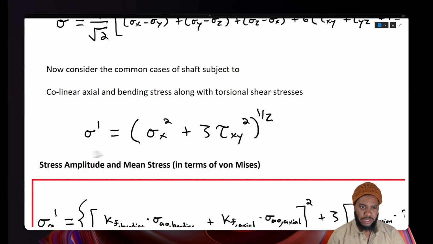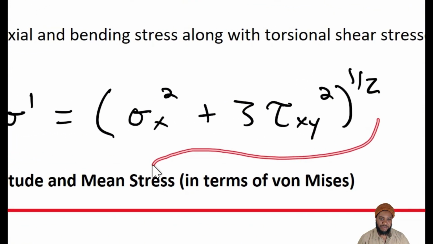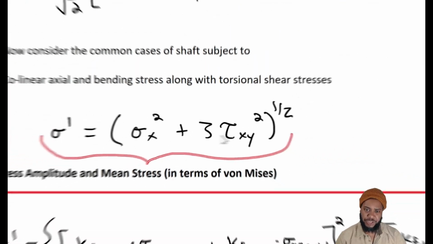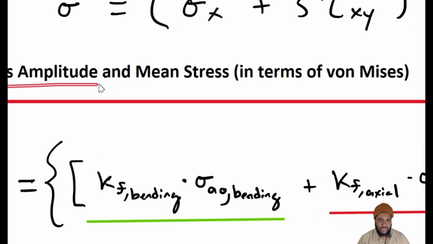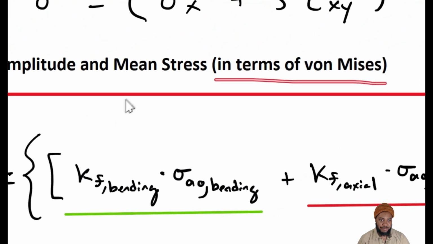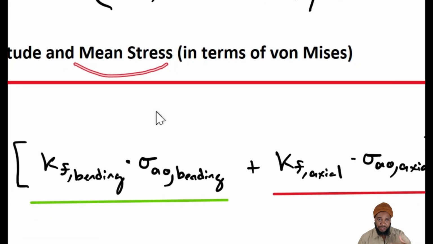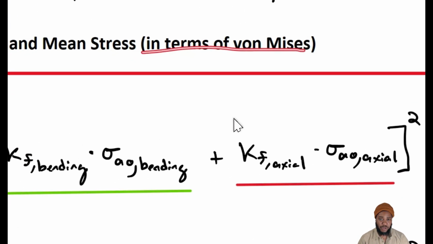Now, let's consider von Mises stress not only as a static value, but as a fatigue stress, meaning we can find a stress amplitude in terms of von Mises stress, and we can find a mean stress, fatigue mean stress, in terms of von Mises stress.